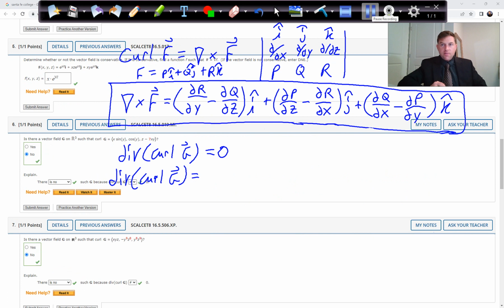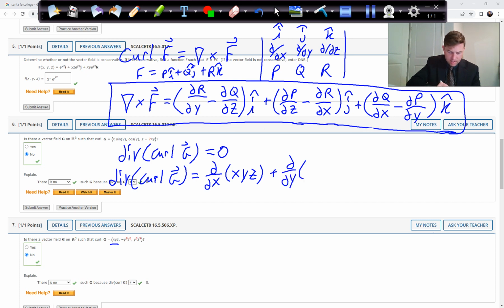Okay, problem 7 is pretty much the exact same problem. It says calculate the divergence of the curl. So we have partial with respect to x of the first term, xyz, plus partial with respect to y of the second term, negative y to the 9th, z to the 8th, plus partial with respect to z of the third term, y to the 8th, z to the 9th.